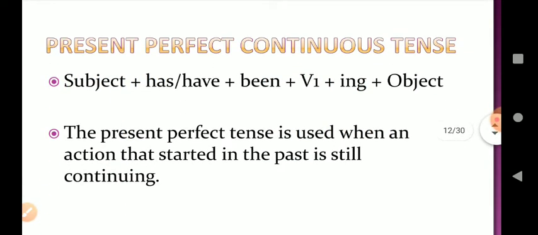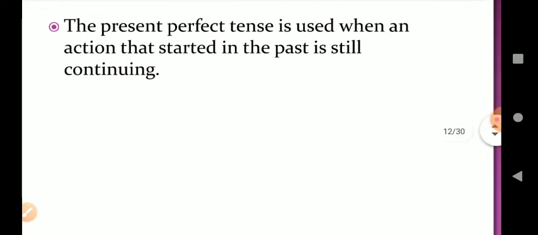Now the last subtype of present tense is present perfect continuous tense. Now what does this tense show? This tense is used when an action that started in the past is still continuing, meaning any action that started in the past and is still going on.